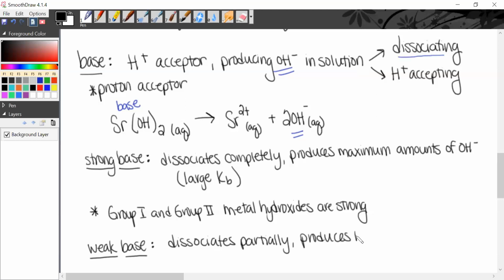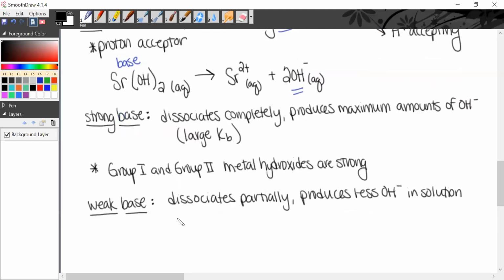Produces less OH minus in solution. And they are going to have small KB values. So like we did with the acid: strong base, one-way arrow. Weak base, two-way arrow.